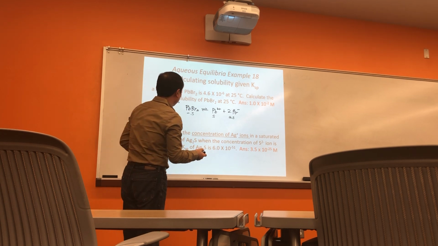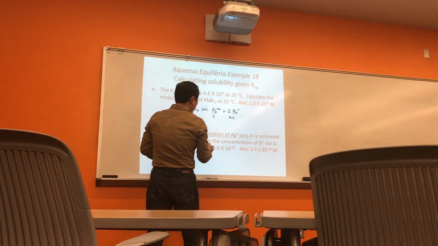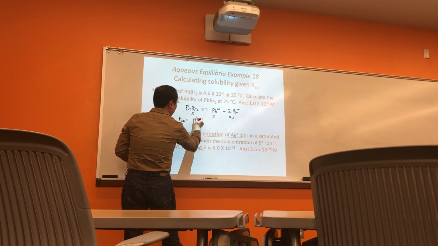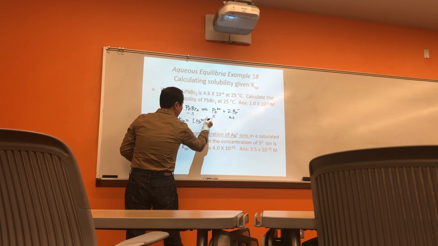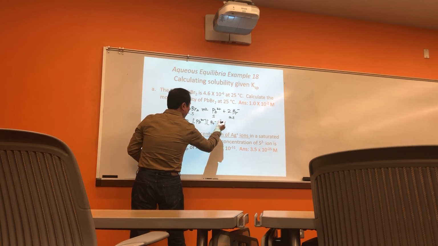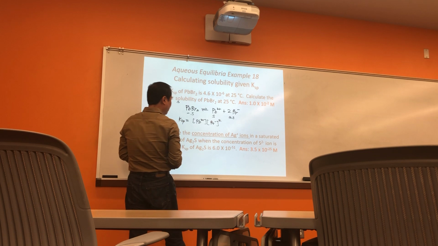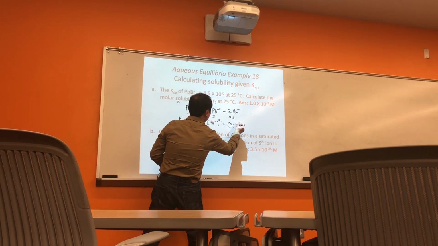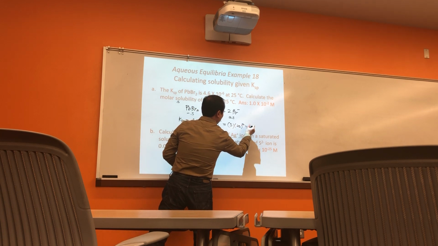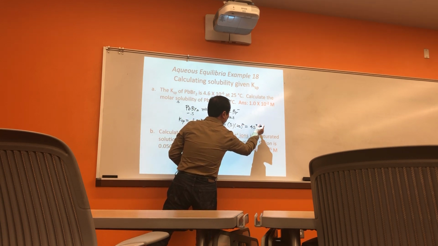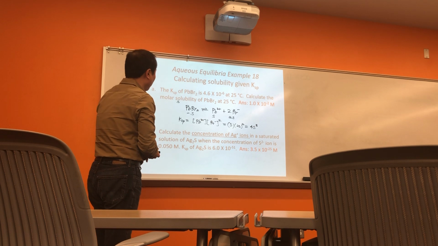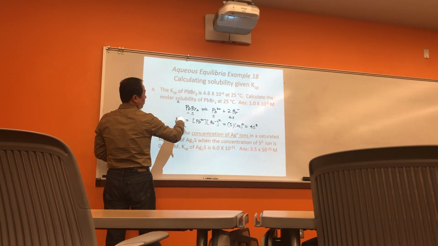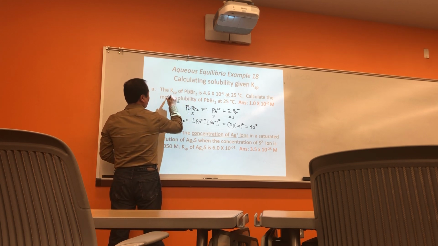So the solubility product KSP is again Pb2+ times bromide squared. Therefore S here, 2S there raised to second power, 4S cubed. Exact same situation. The difference is instead of asking for KSP, they are asking for molar solubility.